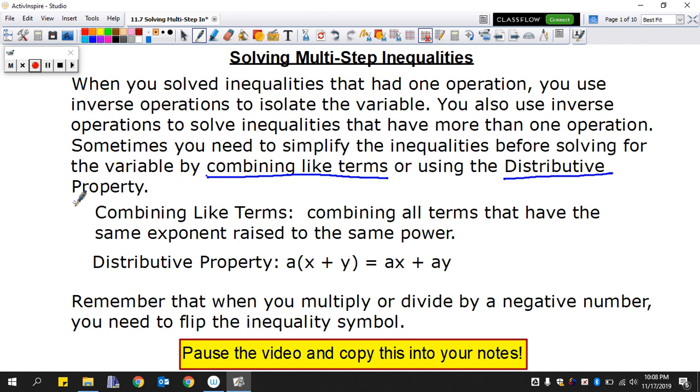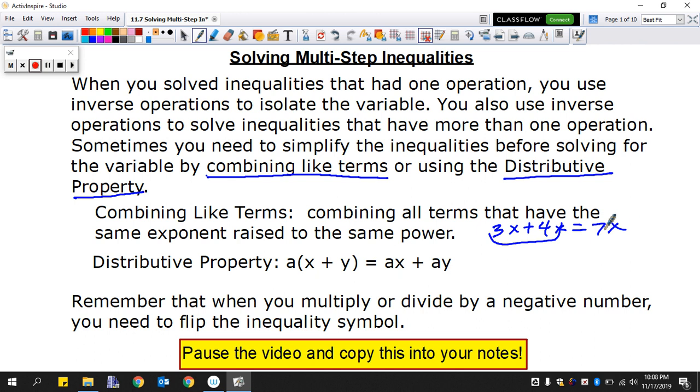Okay? And just as a reminder, combining like terms means that you combine all the terms that have the same variable raised to the same power. In other words, if you have 3x plus 4x, if you combine these like terms, you end up with 7x.